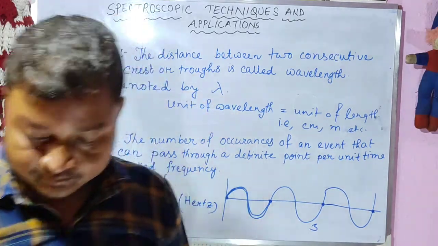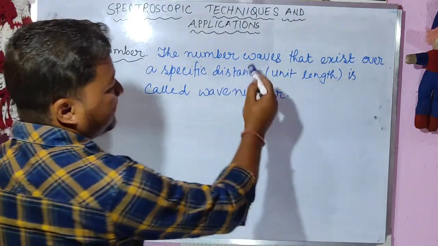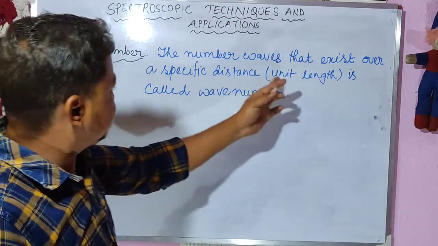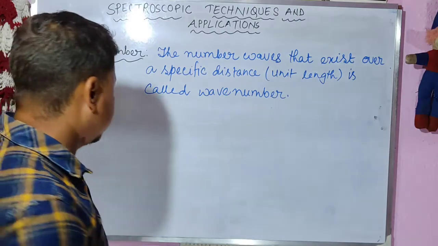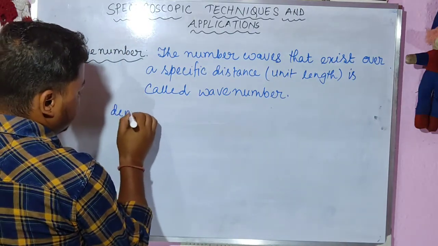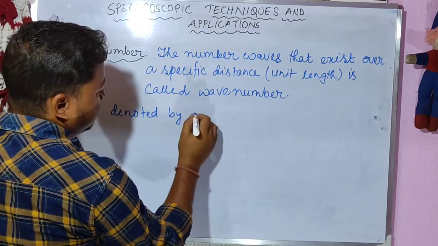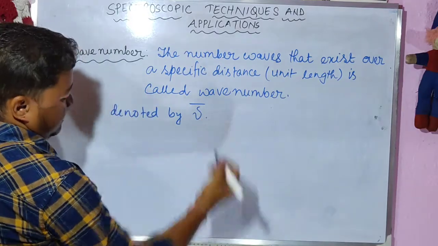Okay, next is wave number. The number of waves that exist over a specific distance, that is unit length, is called wave number. Wave number is denoted by nu bar.